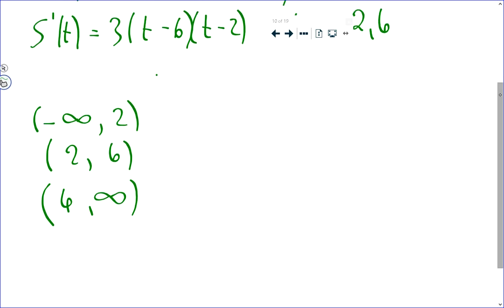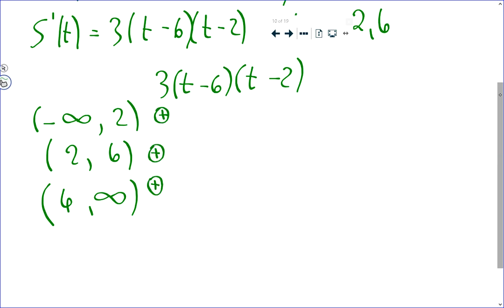I'm going to put the factors of the derivative. I guess we don't really need to put the 3 because it's positive everywhere, but I'm going to put it. And then take a second and fill in the remainder. The trick I've shown you in class is that this factor of t minus 6 changes when we pass through 6.